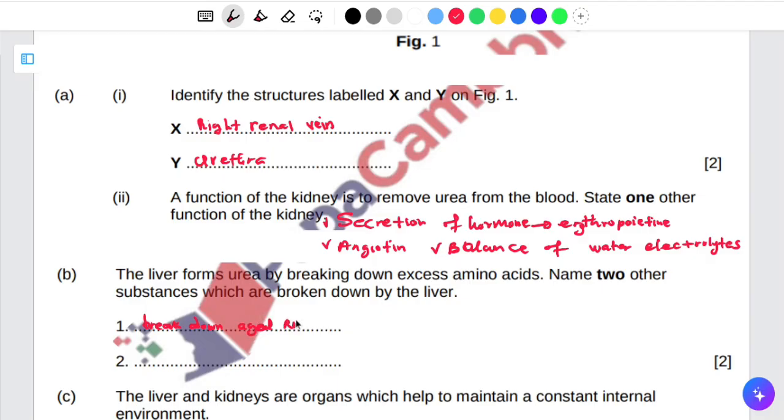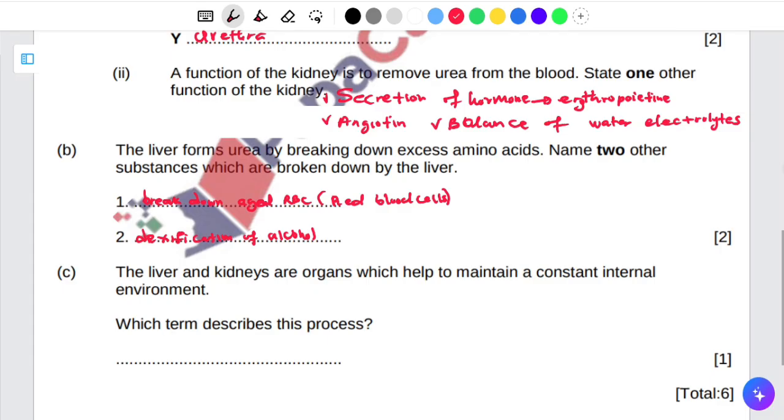I can just say RBC, but in your exam don't say RBC, write red blood cells in full. Apart from breaking down aged red blood cells, it is also important in detoxification of poisons or alcohol. So we can say detoxification of alcohol. It's a very, very important organ.